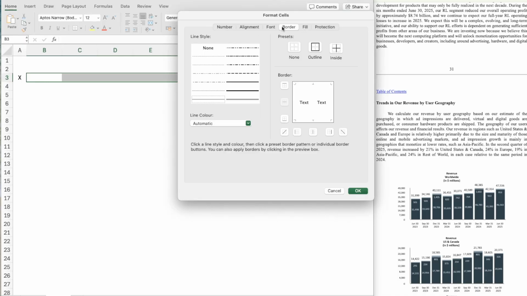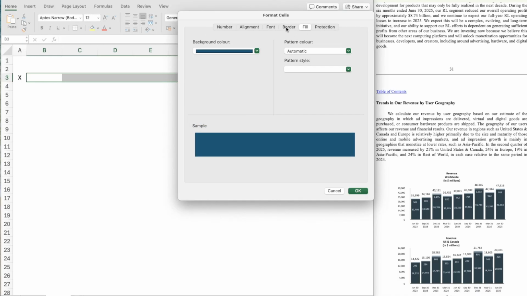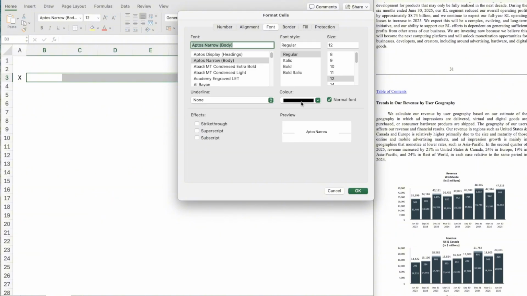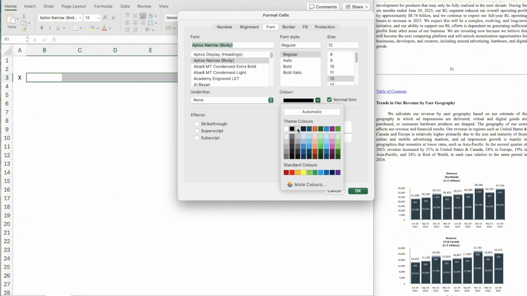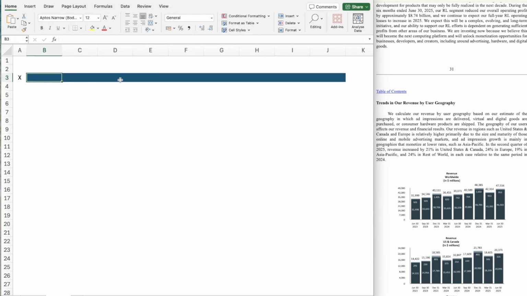Just give this a bit of formatting, fill. What are we calling this? Cost of equity. Risk-free rate, beta.